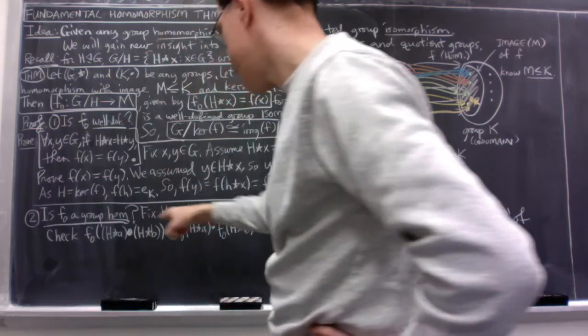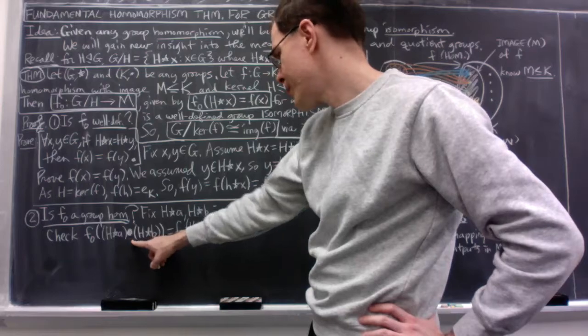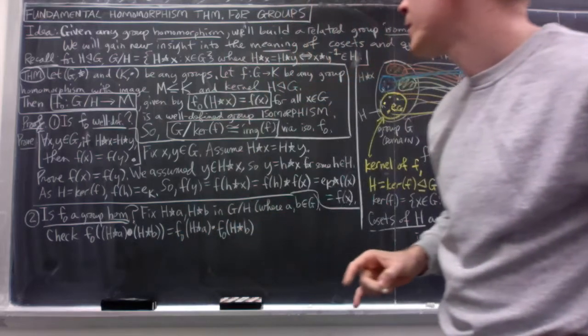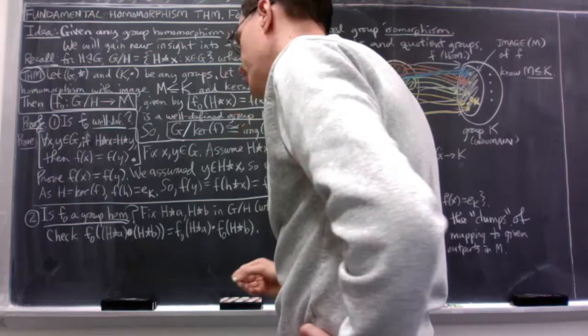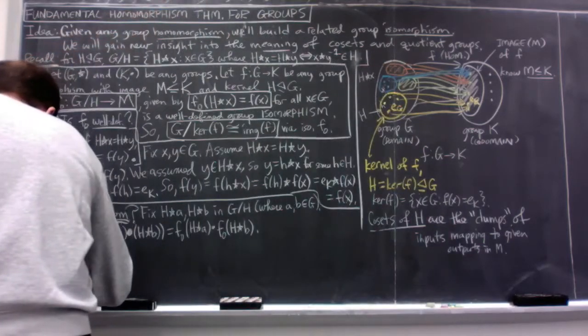All right, I've got too many dots. There's a huge dot for the quotient group operation and another dot for the operation in K, but whatever. Well, let's compute it.